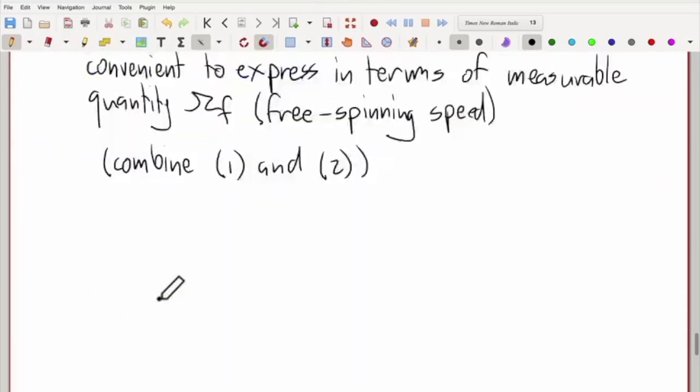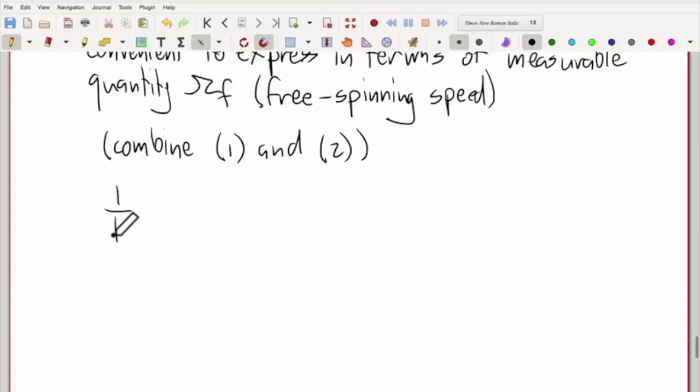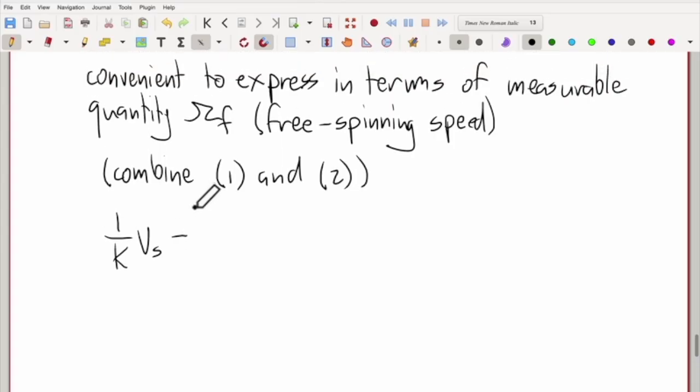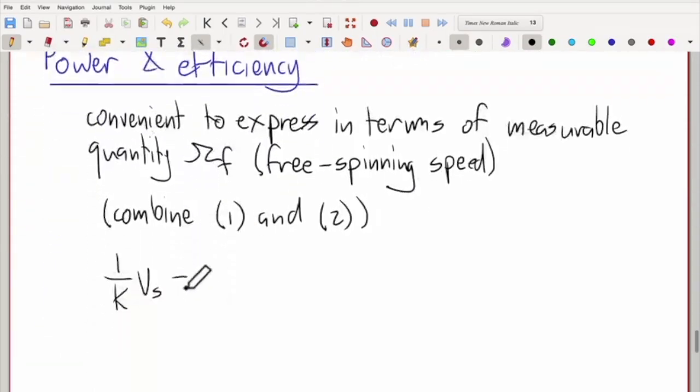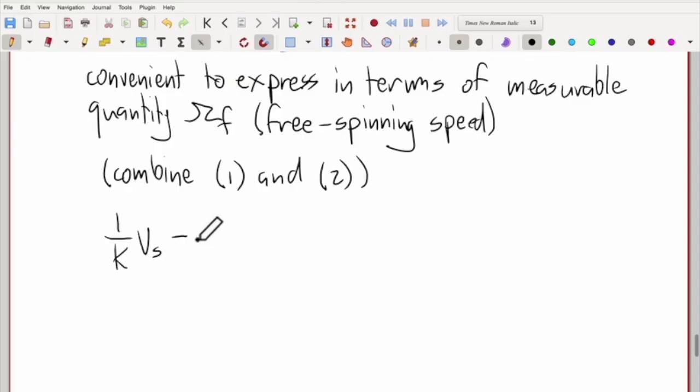Starting from this, I have 1 over k times Vs. And then for this Tm here, I'm going to replace that with what we got above.